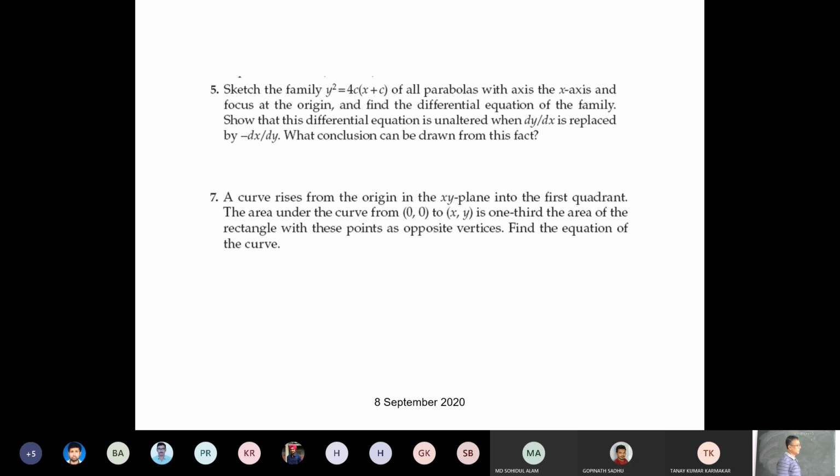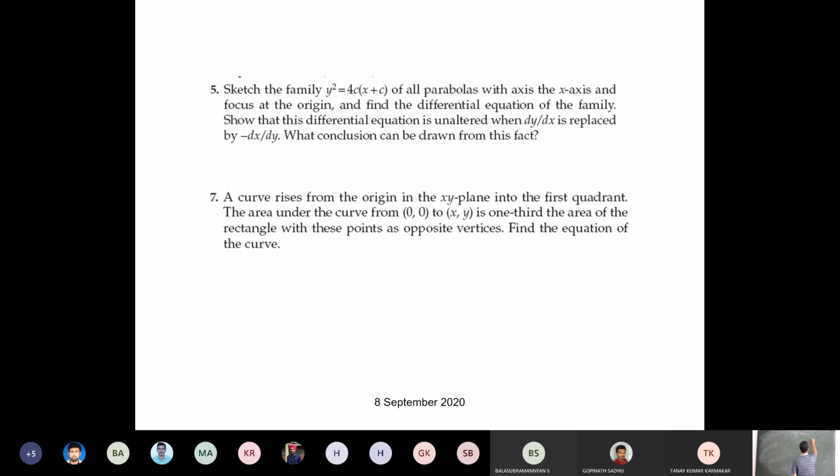Yes, they are self-orthogonal. So can you tell me what is the meaning of self-orthogonality? Its orthogonal trajectory also looks the same. Yeah, the orthogonal trajectory and that curve family are the same. I think its name is oblique trajectories. I'll come back to that in a short while, and then I'll ask you.